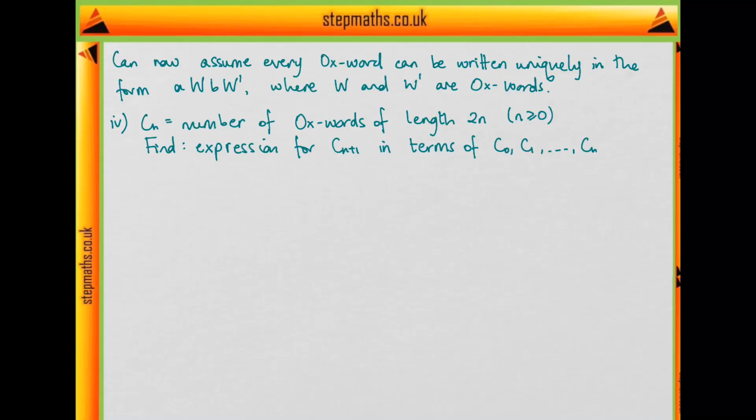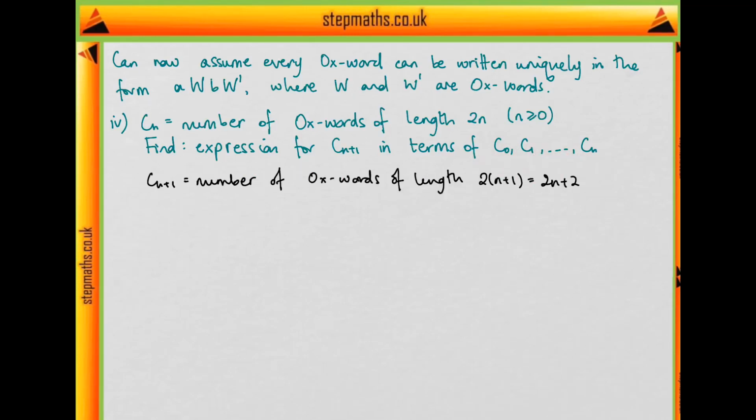Okay, so now they say we can assume that every Oxword can be written uniquely in the form A, W, B, W dash, where W and W dash are both Oxwords. And for part 4, they say for n greater than or equal to 0, let Cn be the number of Oxwords of length 2n. And they want us to find an expression for Cn plus 1 in terms of C0, C1 up to Cn.